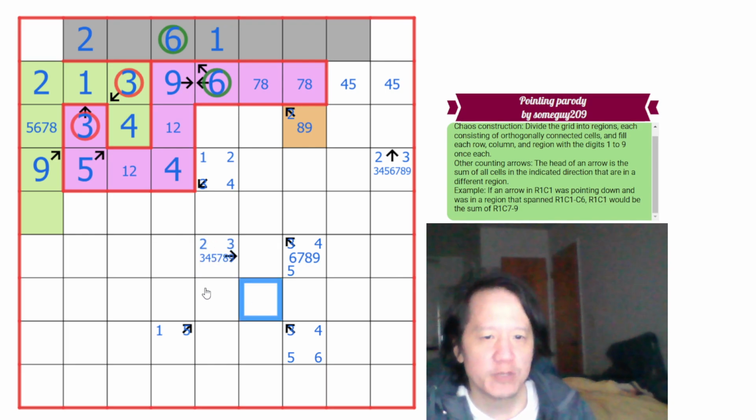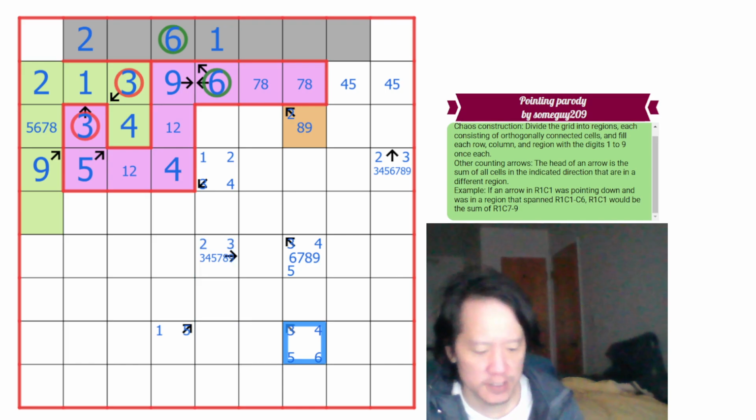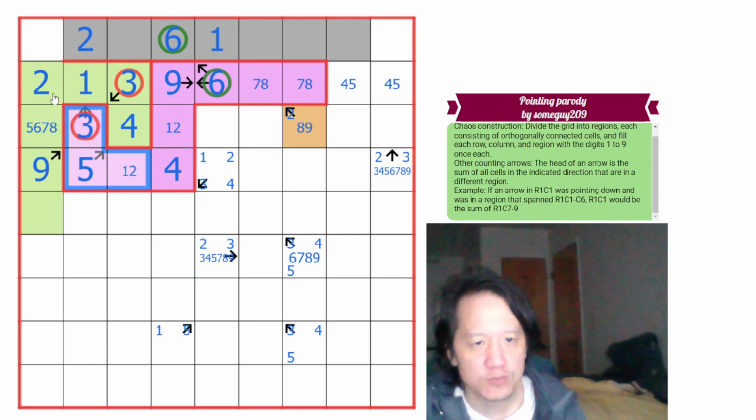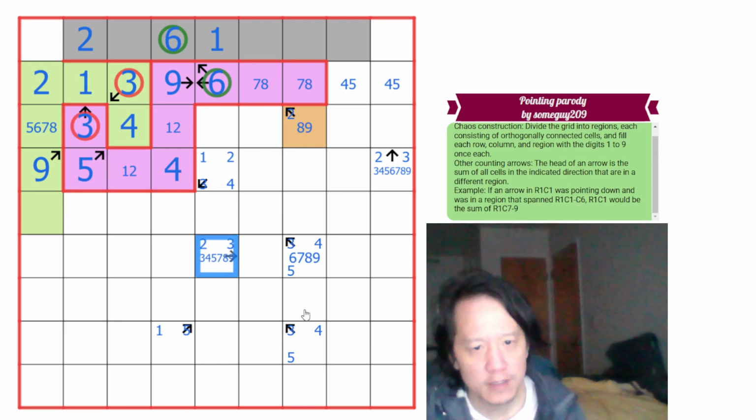So this could be part of this region. So this can never be 6 then, right? We just saw, so this is 1, 2, 3, plus 1. That's 7. This would be 10. So this has to be part of that region if that's the case.